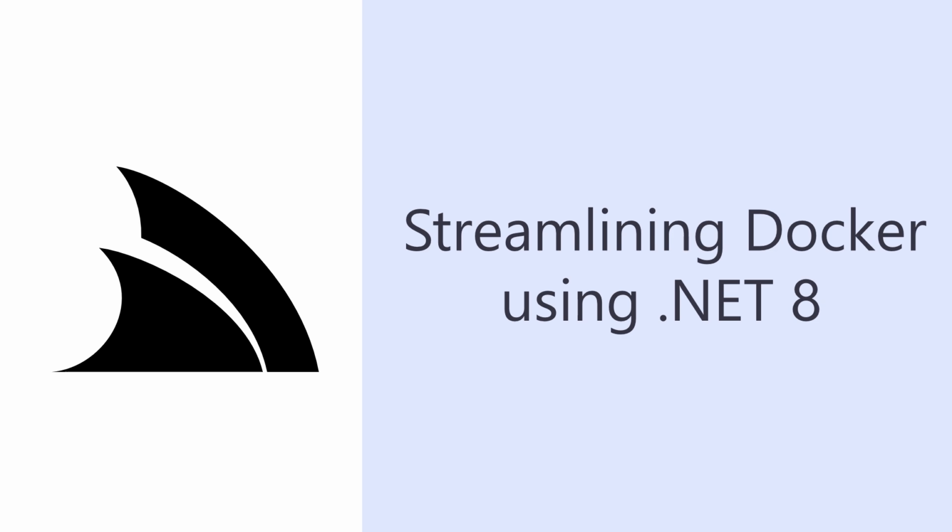Or if you absolutely need control of your Dockerfile, there is open source tooling that I'll leave a link for in the description that can convert your csproj approach to a custom Dockerfile, which means you get the best of both worlds by starting with a simple and streamlined approach using the improved .NET tooling, but always have a way for further customizations down the road if absolutely needed.